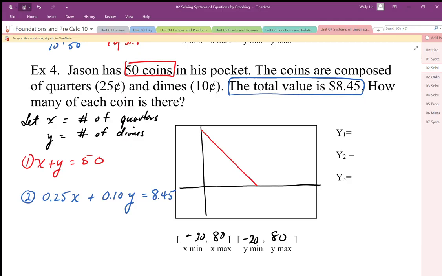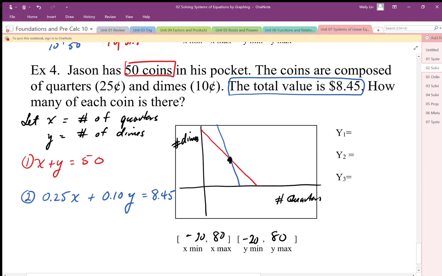And the other relationship is going to be 0.25x plus 0.10y, and that's going to be a graph that looks something like this. My intersection point then represents the number of coins. Remember that x represents the number of quarters, and y represents the number of dimes, not the value of the dimes, but the number of dimes.